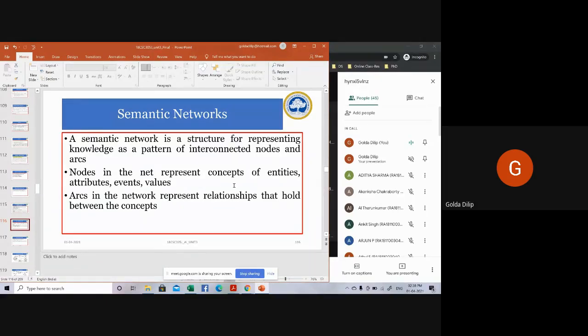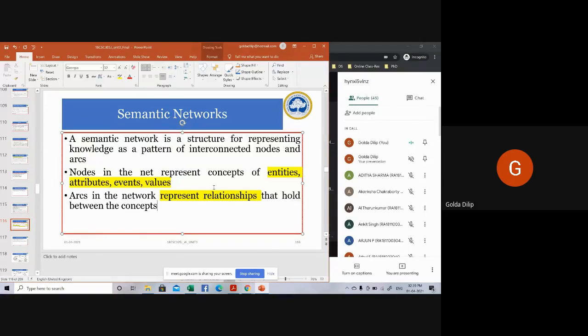Knowledge is a pattern of interconnected nodes and arcs, representing the concepts of entities, attributes, events, and values. The arcs in the network represent relationships that hold between the concepts. You would have learned about various object-oriented concepts like inheritance, aggregation or composition, the various relationships that hold between the various concepts.